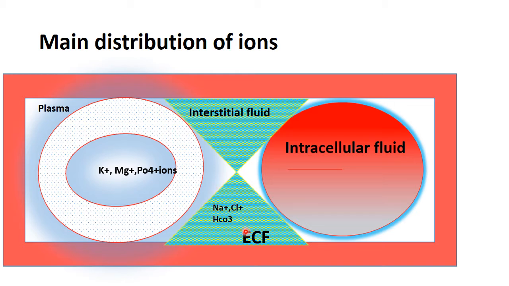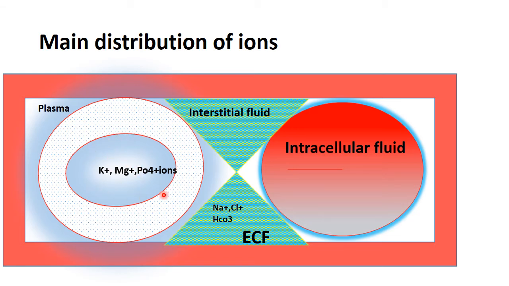The ECF is formed by the plasma and interstitial fluid. The constitution remains the same, plasma as well as interstitial fluid, except plasma is rich in protein. P for plasma, P for protein. It is rich in plasma and absent in interstitial fluid. Otherwise, all other constituents remain the same between the interstitial fluid and the plasma.